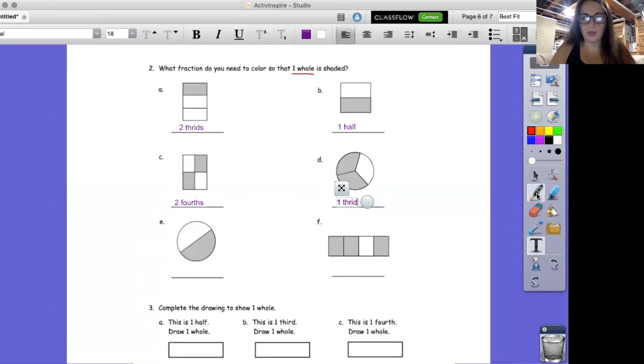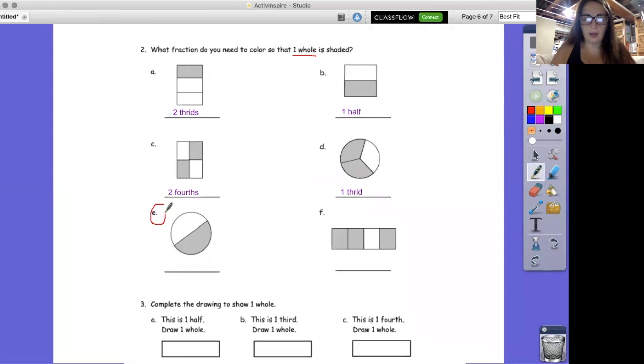I want you to try E and F on your own. And then we'll do the bottom one. Complete the drawing to show one whole. This is a half. Draw one whole. I'm going to cut these up to show 1/2.